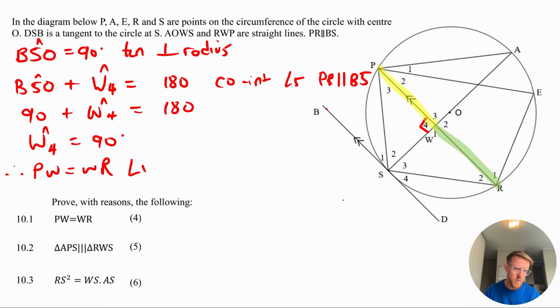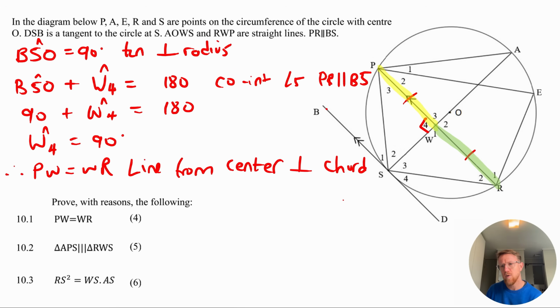And this is because we have a line from the center, and that line is perpendicular to the chord. Okay, so yep, those two lines are equal in length. Just remember that. I think that's going to come up later on. It's going to come up somewhere here. I think we're going to have to replace one of these with the other or something like that.